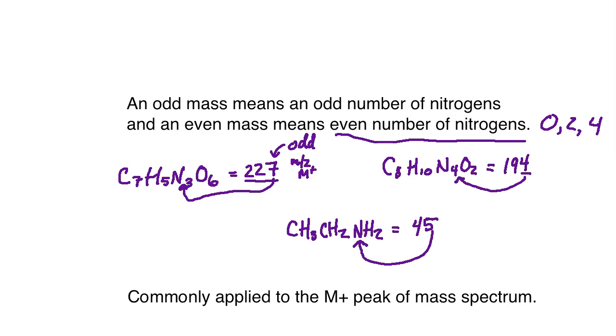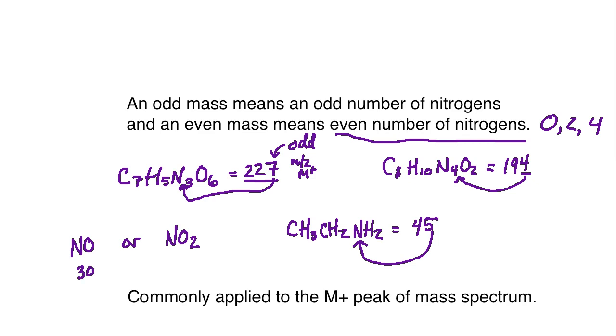Now, how quickly can we violate this rule if we go outside the realm of organic? Well, very simple. You just take NO or NO2. Now both of these have 1 individual nitrogen, so we would expect odd because 1 is an odd number. However, when you add this up, nitrogen is 14, oxygen is 16, so that's 30.